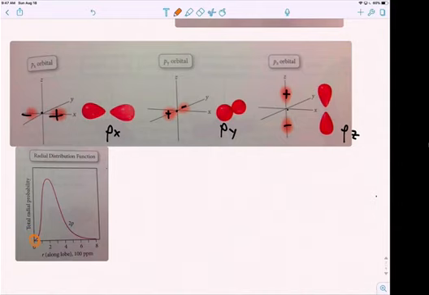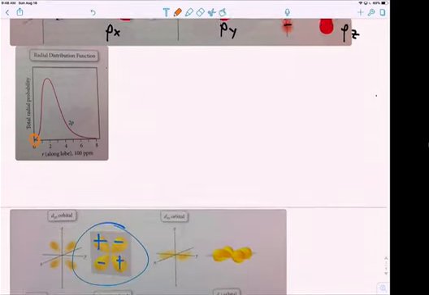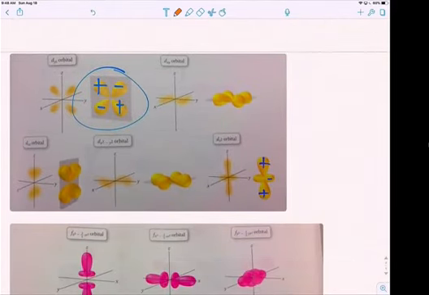We don't really talk about this that much in this course, although we talk about it a little bit in bonding. So the wave functions have signs, and this would be the positive sign, that would be the negative sign. And this is important when it comes to bonding, how the orbitals overlap, and the new orbitals that form.